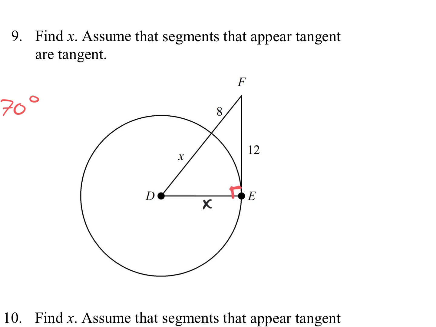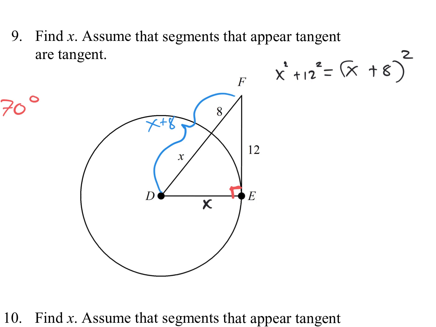That's a right triangle. Okay, well, if it's a right triangle, we know the Pythagorean theorem has to be true. So we could say that x squared plus 12 squared has to equal x plus 8 squared, because this distance here is x plus 8, right? So we have to add it together before we square it.